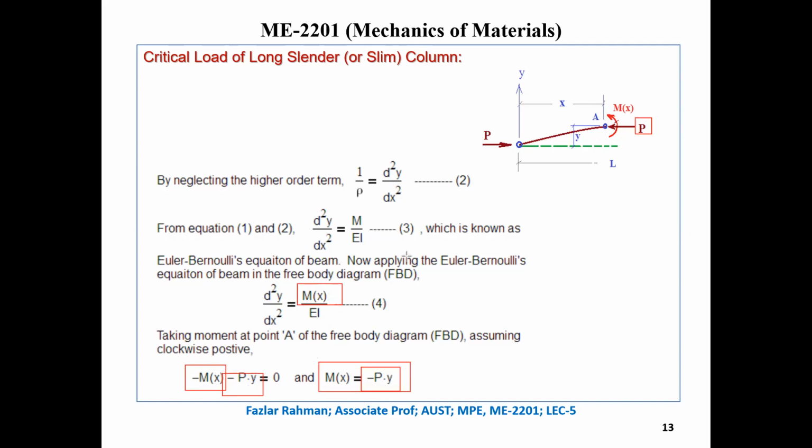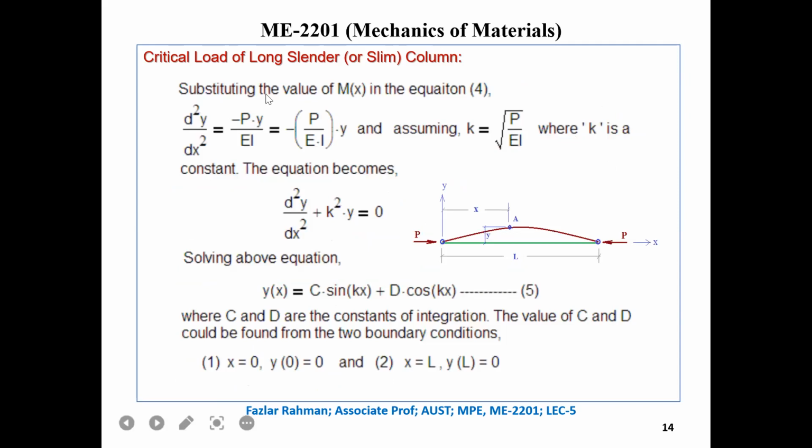And this value of Mx equal to Py we will put right over here. Then what will we get? We will get a differential equation, and we will solve that differential equation using mathematics. So you see, we are getting this: d square y by dx square equal to minus Py divided by EI. So what you see is that if you apply a load on a column, then the amount of load will be constant, right?